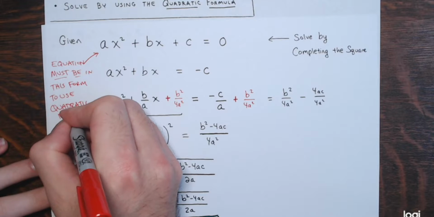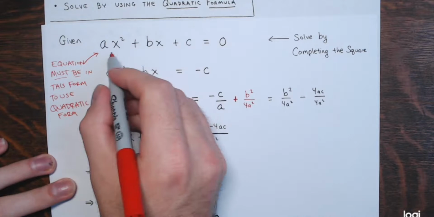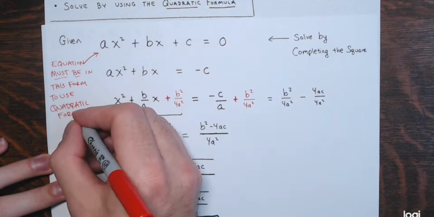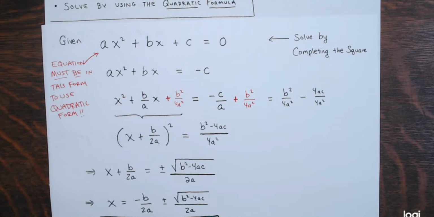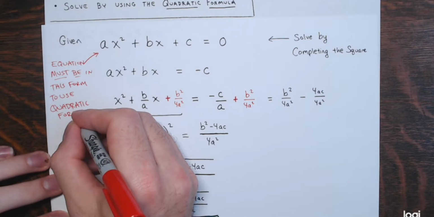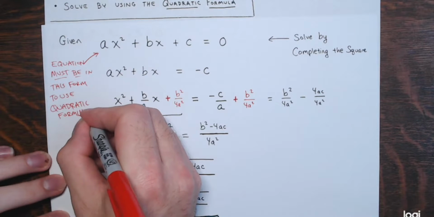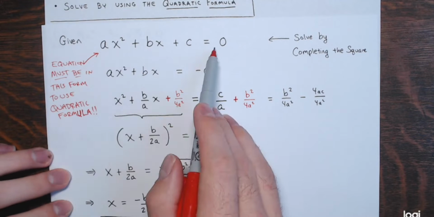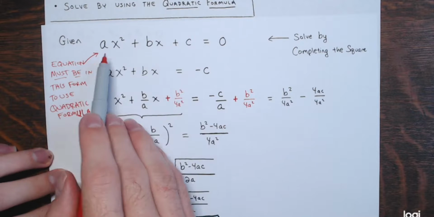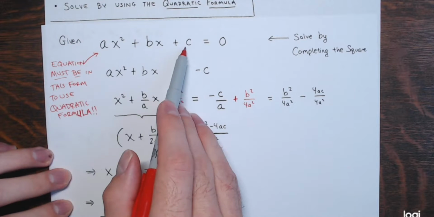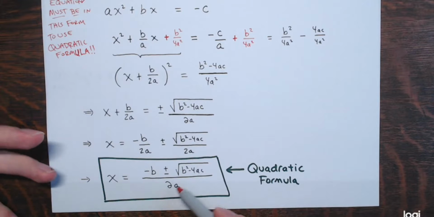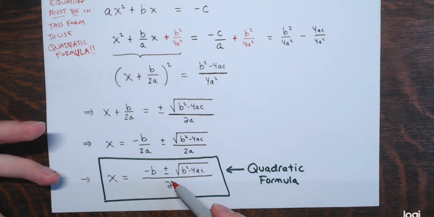If the equation does not look like this, where everything's on one side, 0 on the other, ax squared plus bx plus c equals 0, then you can't use the quadratic formula. That's what I meant. Right? So the equation must be in this form to start, and then you find out what a, b, and c are, and plug them into the formula and simplify, and you'll get your two solutions.